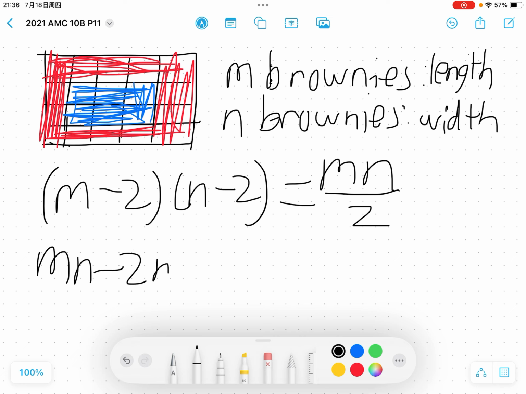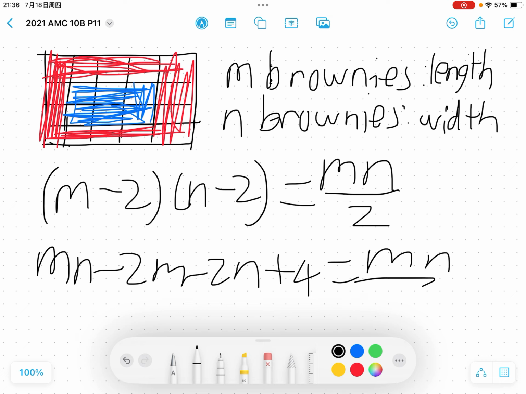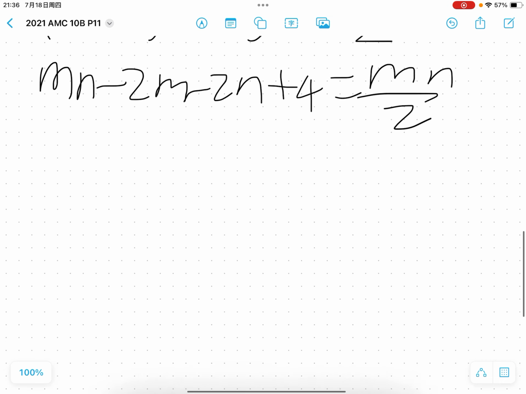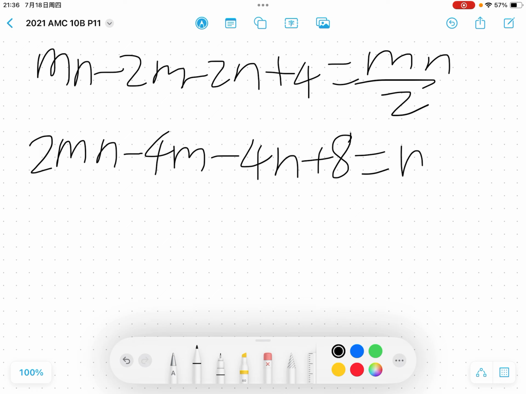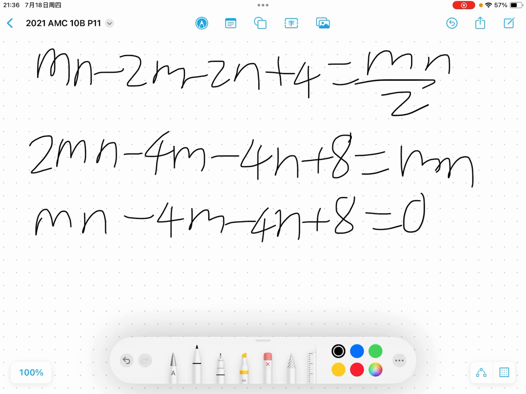So mn minus 2m minus 2n plus 4 is mn over 2. We can multiply both sides by 2, so we get 2mn minus 4m minus 4n plus 8 equals mn. We move mn to the left side of the equation. We get mn minus 4m minus 4n plus 8 is 0.